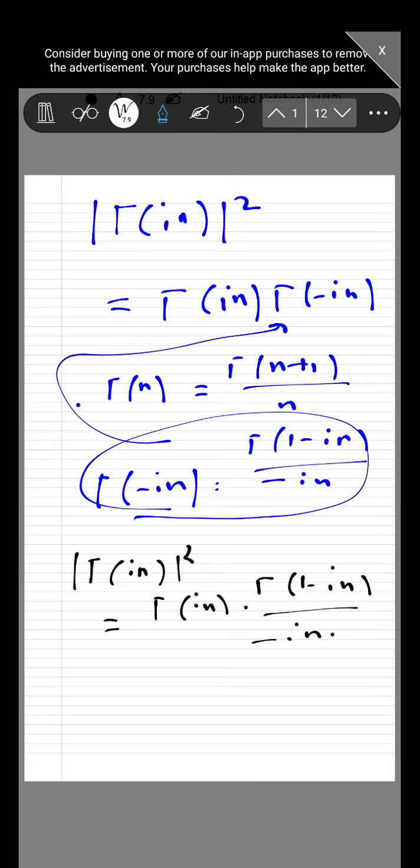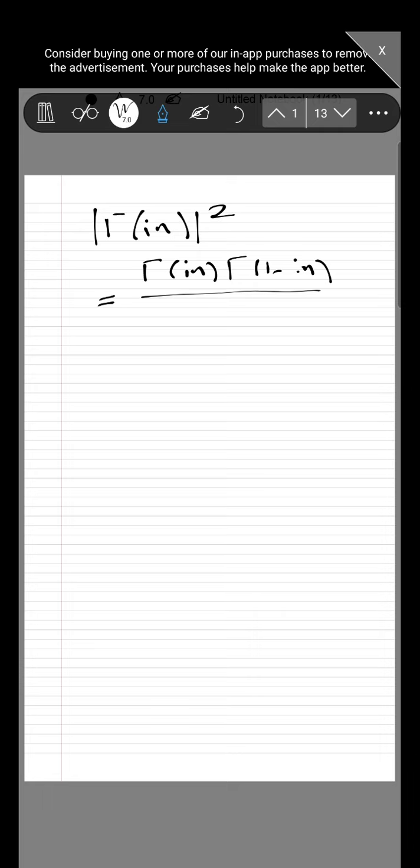And using the previous relationship, that is Γ(n)Γ(1-n) equal to π / sin(nπ), using this relationship also, what we finally get is Γ(in) whole squared equal to Γ(in) into Γ(1-in) divided by in sin(iπn).